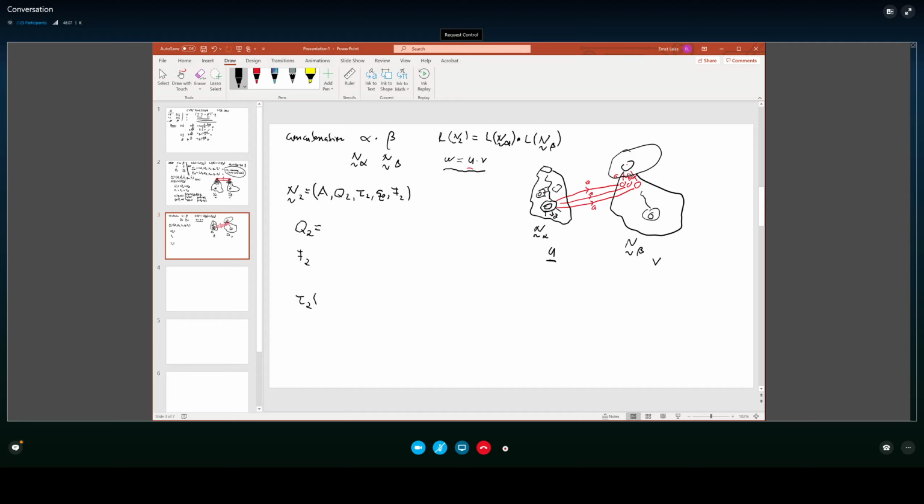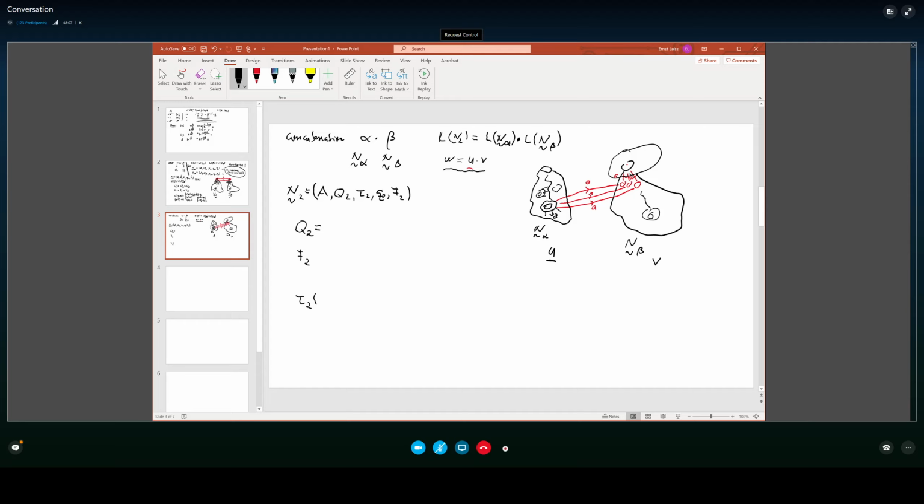So if Q0 is not in F beta, then epsilon is not in the language accepted by the second automaton. And in that case, we actually have to end up in a final state of the second automaton, and that simply means that F2 has to be equal to F beta.